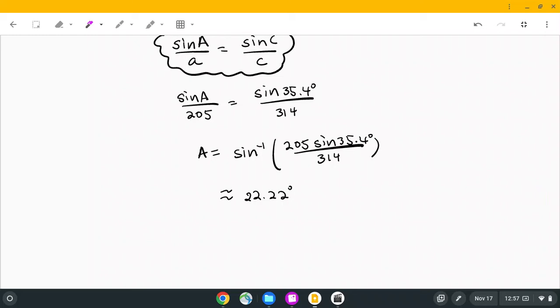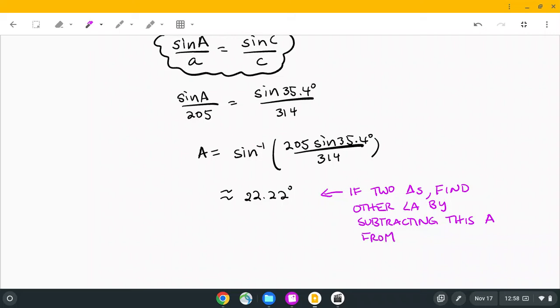So if two triangles, find the other angle A by subtracting this from 180.